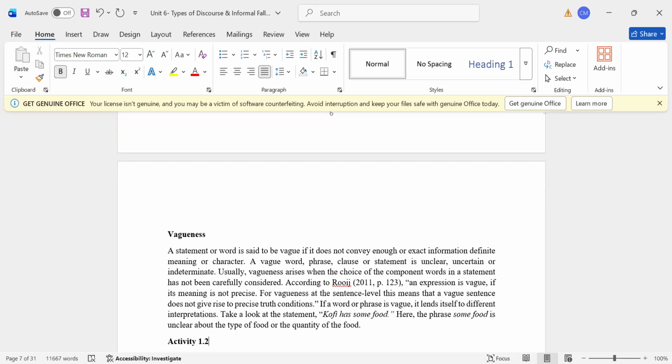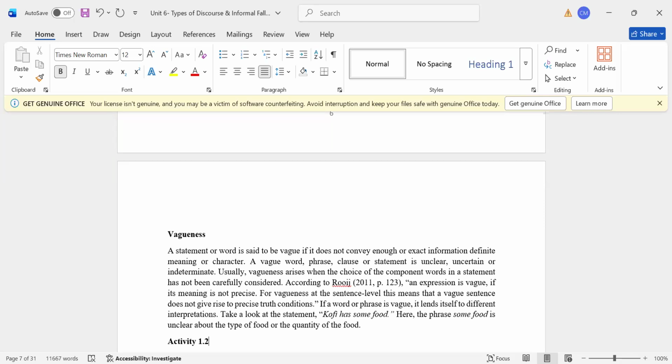The word soon is the source of the vagueness, because how do you quantify the number of minutes that constitutes soon? 1 minute, 10 minutes, 1 hour, 1 full day, 1 week, 1 month, 1 year, soon. It does not give us the exact time I will leave. So the word soon makes the sentence vague.